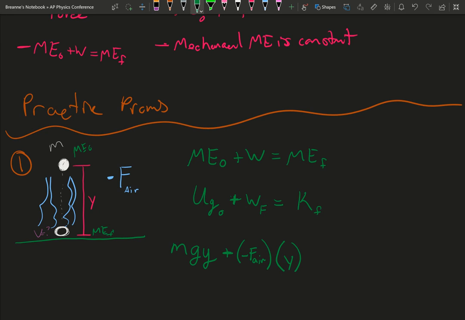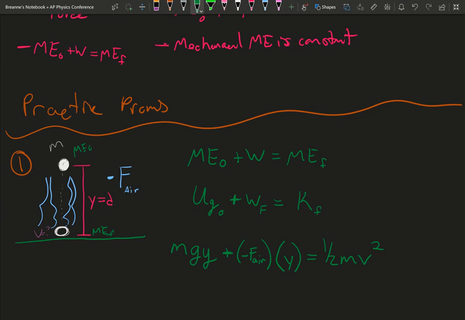So our y is the same thing as our distance, because that's where it fell. Our height and our distance are the exact same thing in this case. Equals our 1/2 mv squared. And then you would just solve to get v by itself.